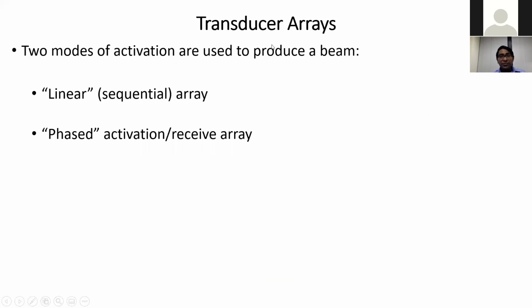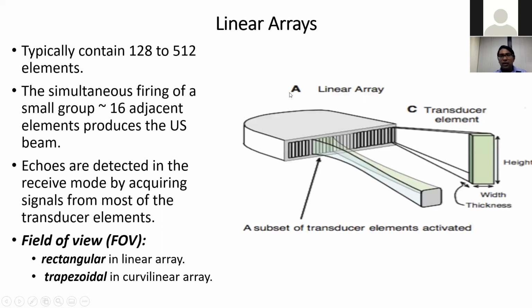So there are different types of transducer arrays, and there are two common modes of activation used to produce a beam. One is called a linear array, and the other is called a phased array. I'll delve a little deeper into linear and phased arrays. A linear array typically consists of 128 to 512 elements.